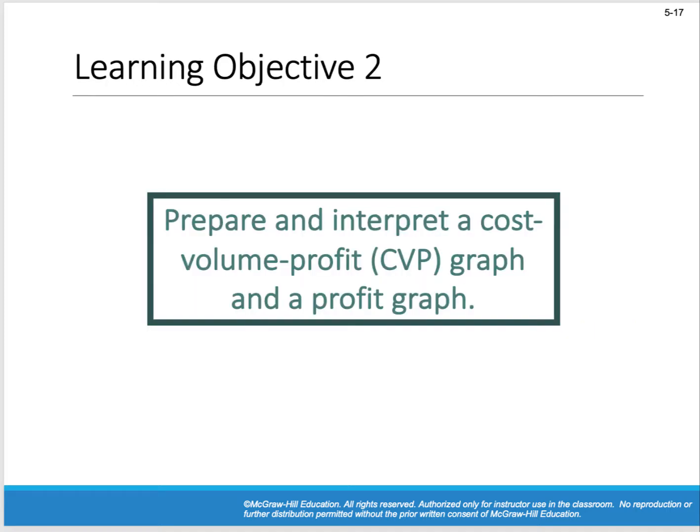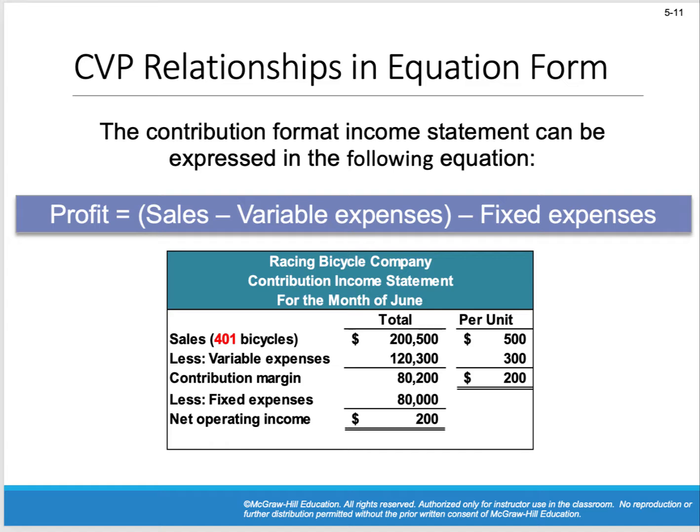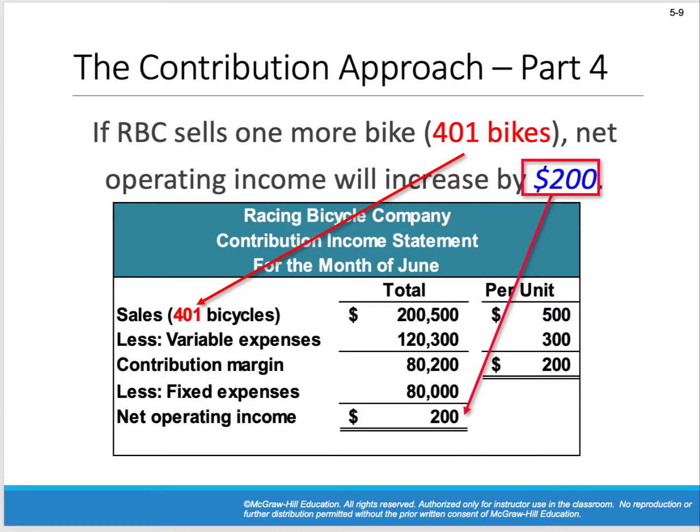So before we jump into our next video or next learning objective, which we'll push to another video, I just want to review the concepts here because it's very important that we understand we're always taking, we can either look at this in total, as we see in the total column here, or we can do it on a per unit basis, okay?